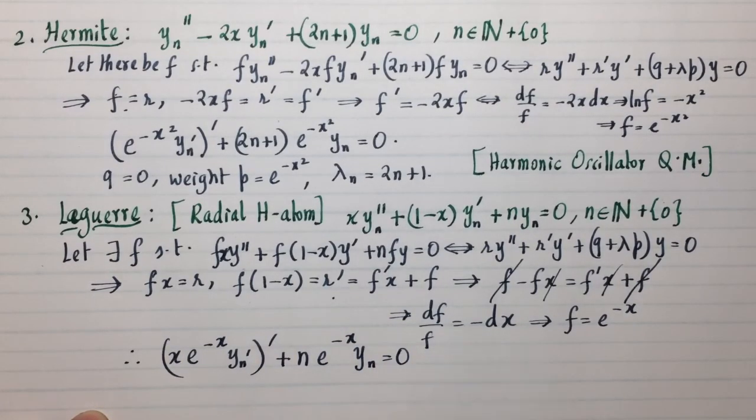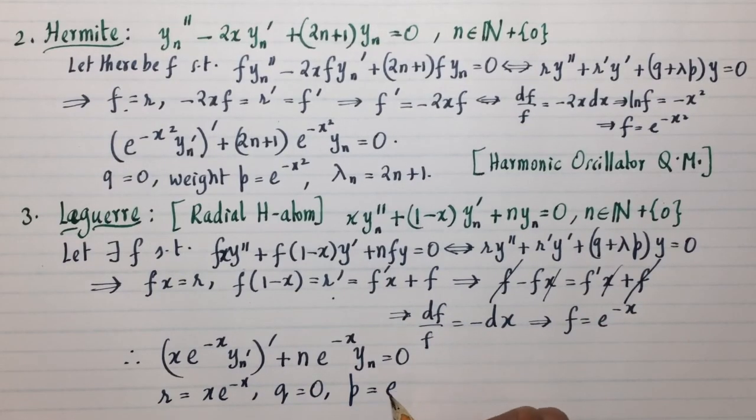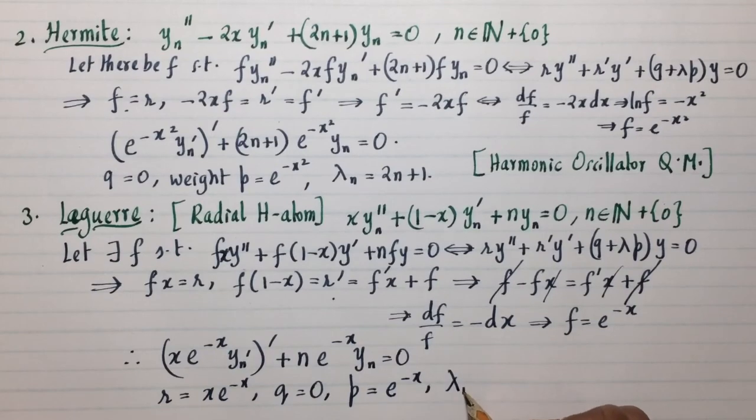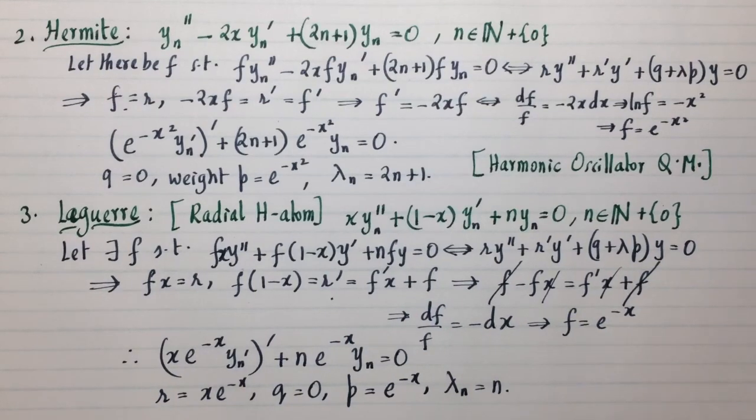So that's the form in which you write it. So that satisfies the Sturm-Liouville form with r equals x e to the minus x, the function q equals 0, the weight function p equals e to the minus x, and the nth eigenvalue lambda is just the integer n. So in this way we can write this also as a Sturm-Liouville problem, and we have the orthonormality assured from the Sturm-Liouville theorem.